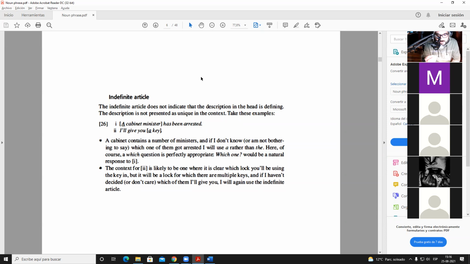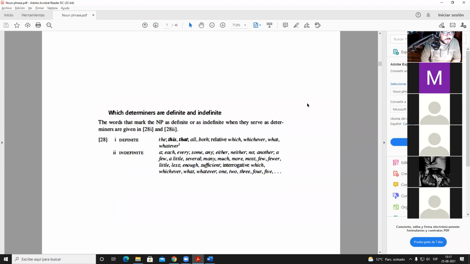Definiteness: I can retrieve the entity, the referent that we're talking about, and indefinite if I can't or I don't care. Which determiners are definite and indefinite? The words that mark the noun phrase as definite or as indefinite when they serve as determiners are given in the table.